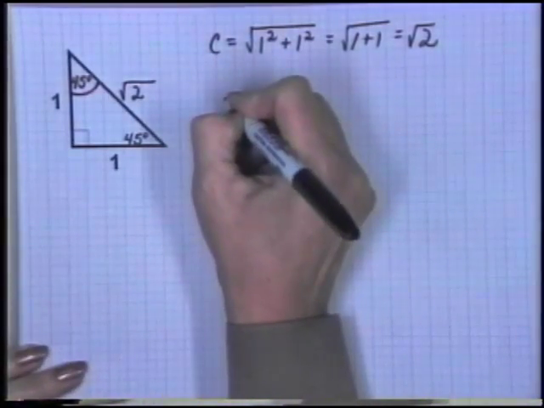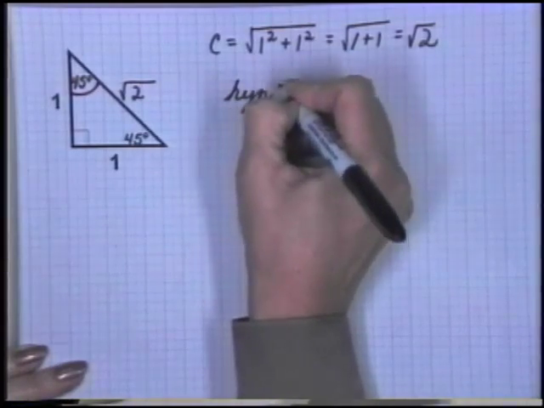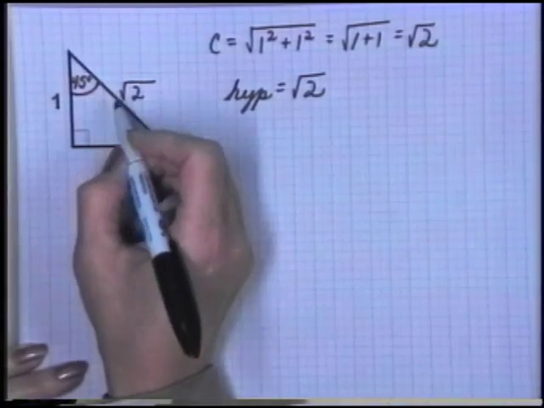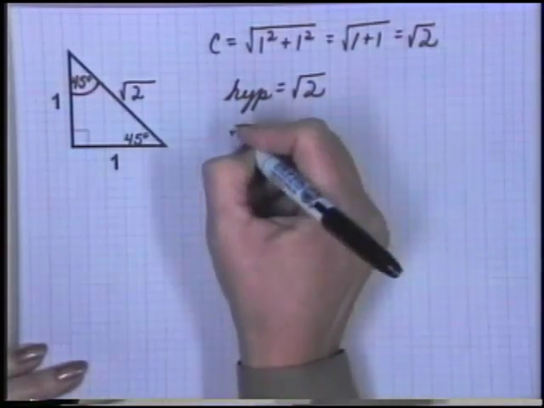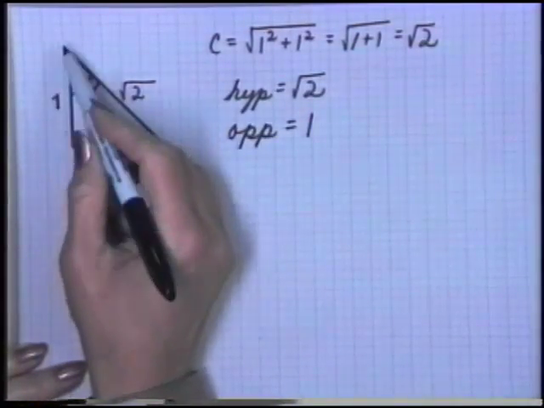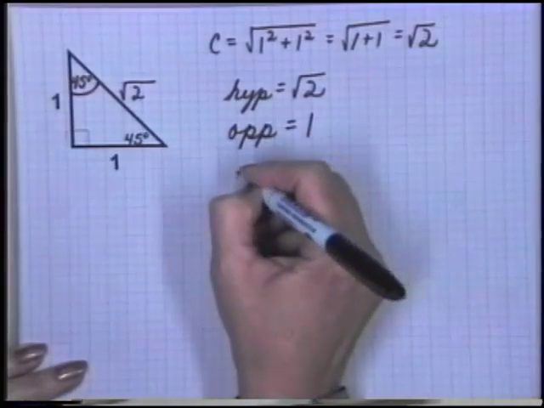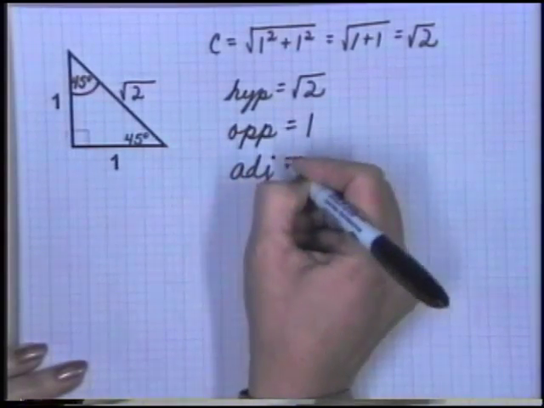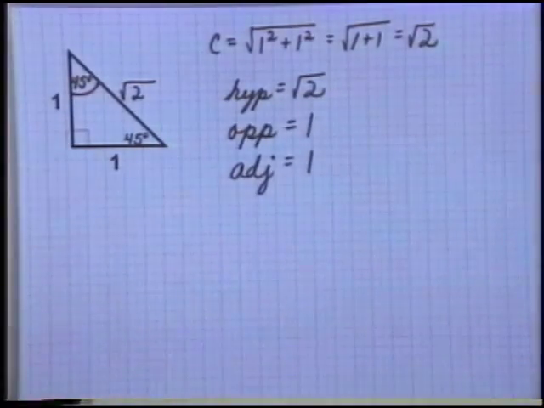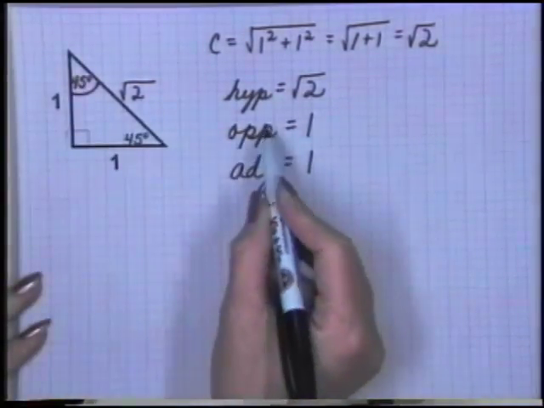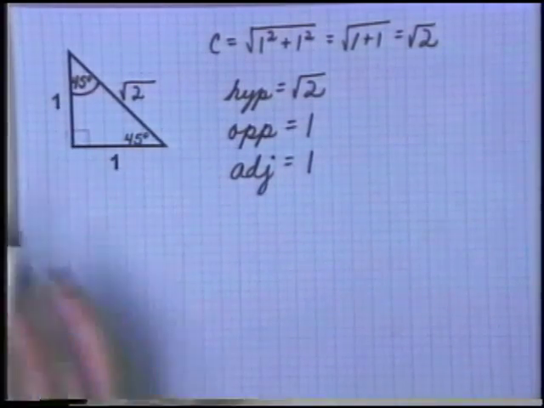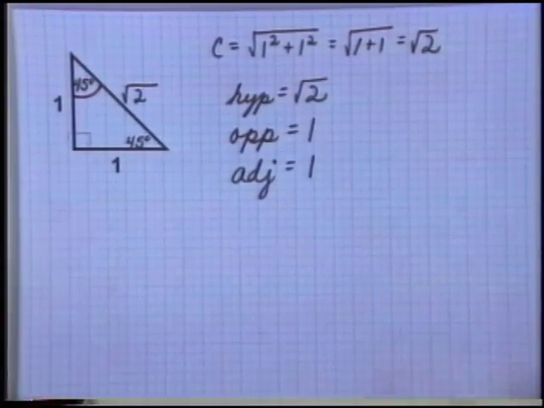We know, of course, that our hypotenuse equals the square root of 2. And if we choose this 45 degree angle, the side opposite it is 1, and the leg adjacent to it is also 1. So, of course, our opposite is going to equal our adjacent, because we know that opposite and adjacent are legs, and that the legs are equal in an isosceles right triangle.